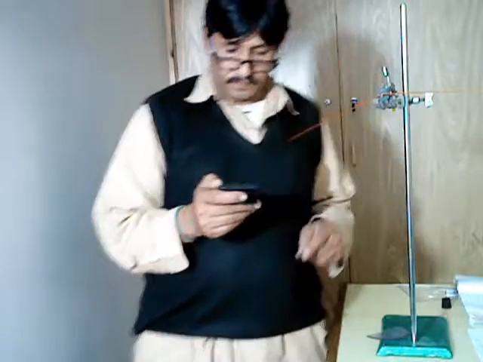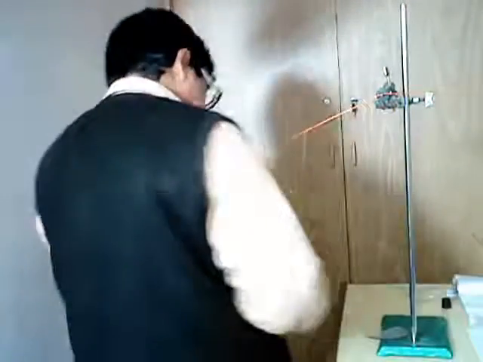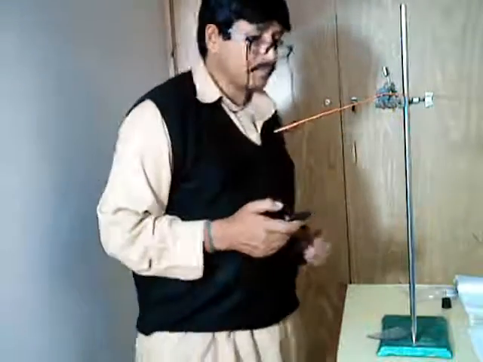He is taking the reading after 20 oscillations. He is showing the reading. It's coming 33, exactly 33 seconds, but I will write 33.00, two decimals are a must. Okay, Fida Bhai, 33.00. Yes, now he will repeat the reading at 160 degree.